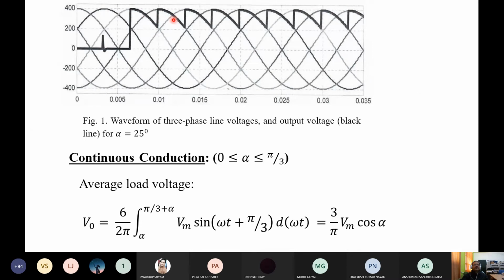Alpha is 25 degrees here actually. This is the 0. This is AB, you take this as AB. AB, AC, BC, BA, CA, CB, and AB. What is the difference here? Yes. Every 60 degrees we require a gate pulse.